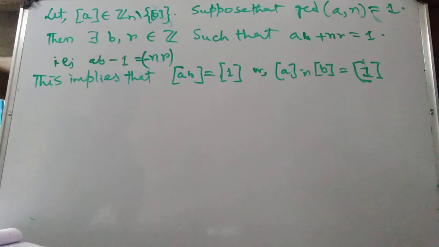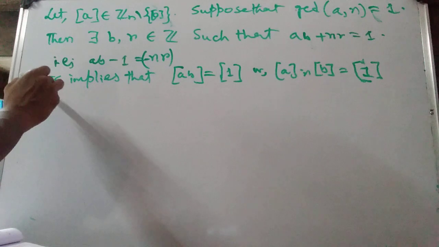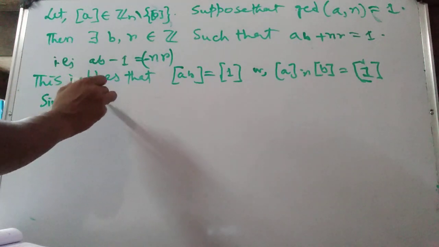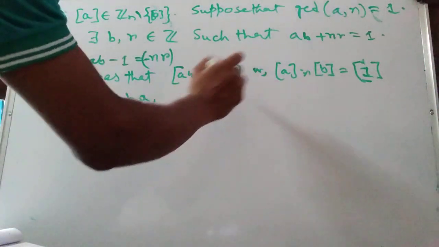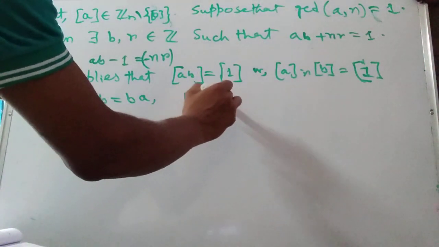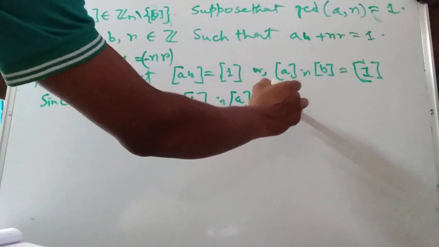Then since ab equal to ba, we also write class B multiplication modulo n class A equal to 1.